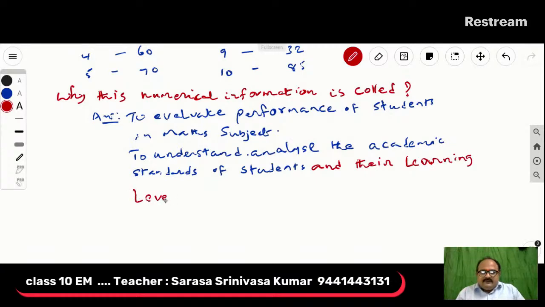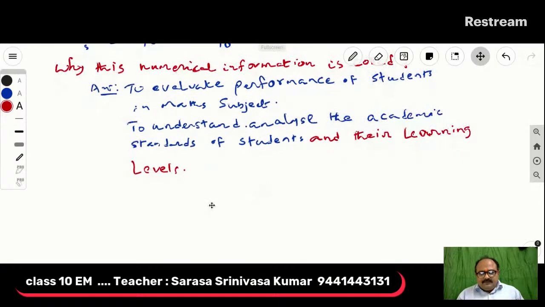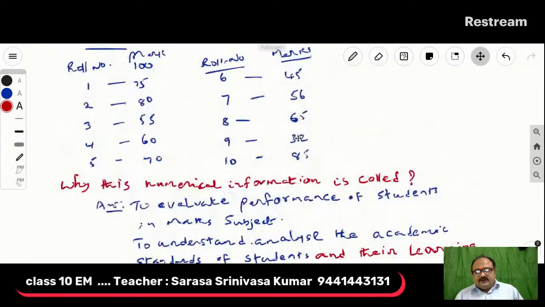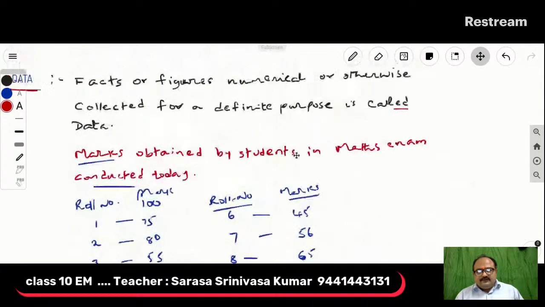So what we say is, if numerical information has a definite purpose, then it is called data. That's what I would like to explain to you.